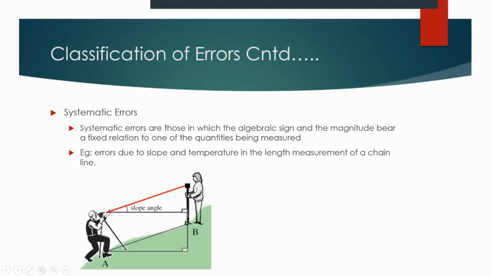So as you know, we always plot plans, right? So when we plot plans, what we need is horizontal distance. So we can simply correlate this measured distance to the planned distance with the help of this angle. Now this is a systematic error. So it has a system to convert the error and find the error. Okay.